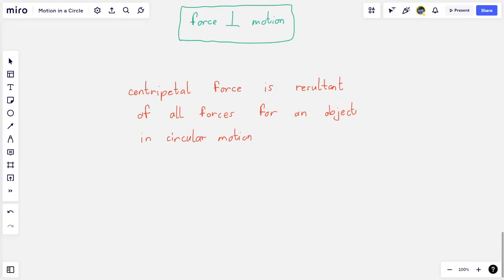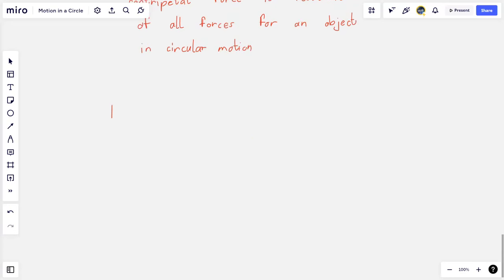Okay, so let's put this into some examples to see where this would apply. One of which would be, I'm going to draw the Earth. The Earth moves around the sun.